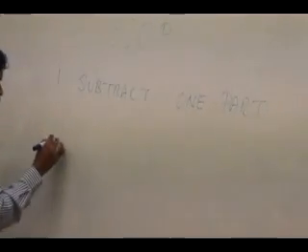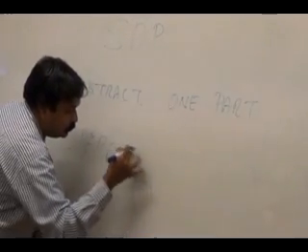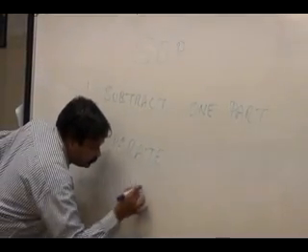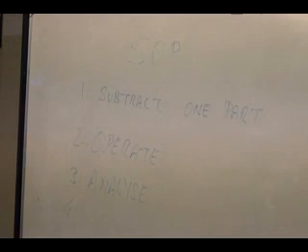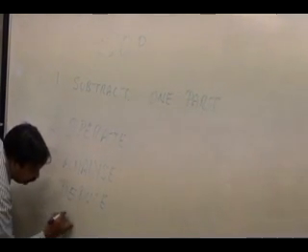The second step is you operate. Then the third step is analyze. The fourth step is, from the analysis you deduce; you conclude something from the analysis. The fifth step is replace.